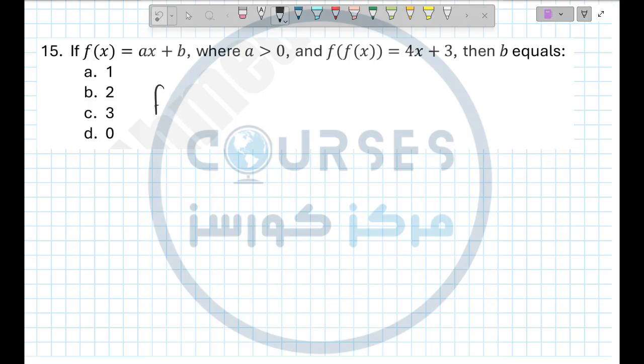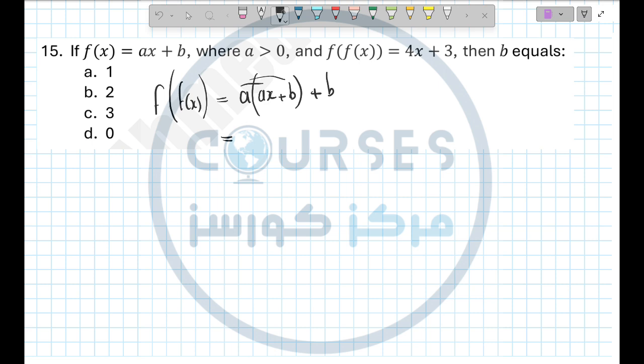f of f of x is a, and instead of x, I'm putting all of this inside. So that's a times ax plus b, I put that inside of the x, and then plus b.